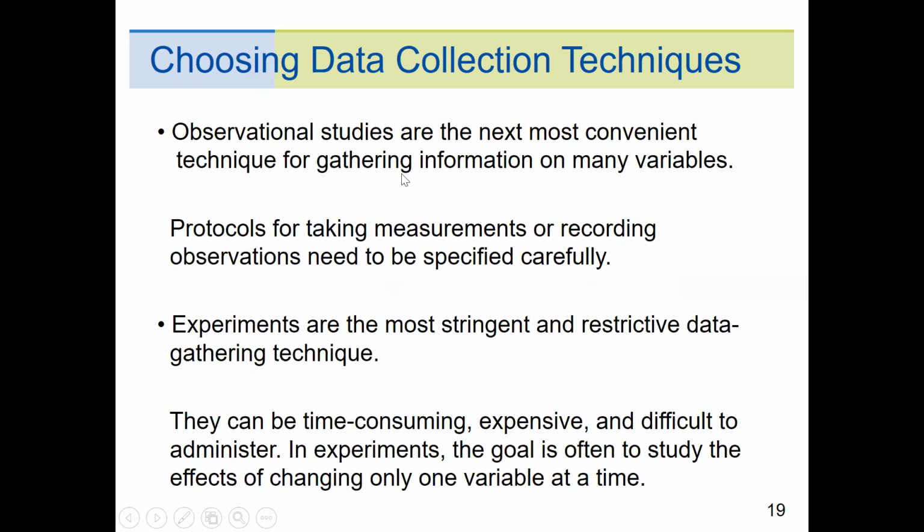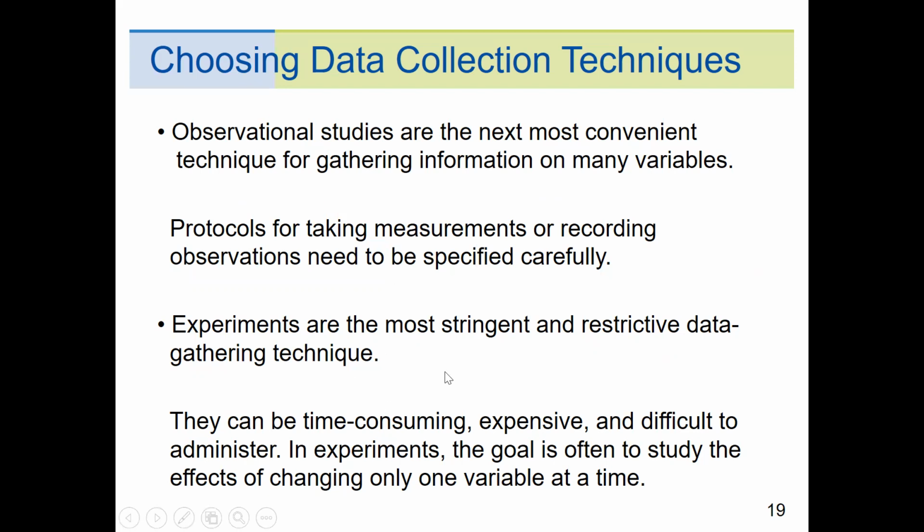Observational studies are the next most convenient because you just have to observe. Protocols for taking measurements or recording observations need to be decided beforehand. If I'm looking at weights of watermelons, I need to decide how I'm going to measure them, to what decimal place, and whether I'm using ounces, grams, or pounds. You'd have to decide all those things ahead of time.